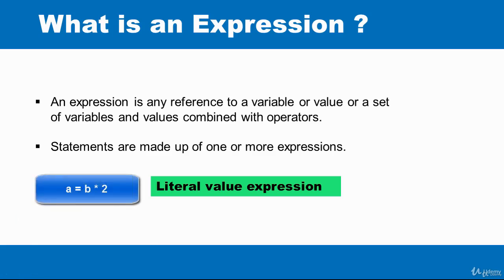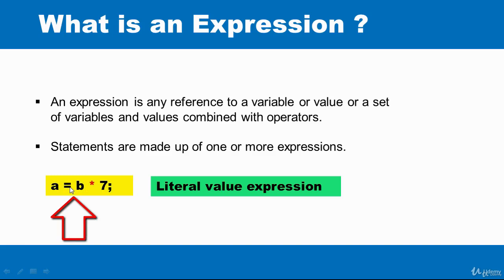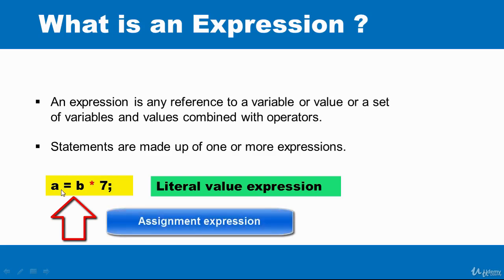The a equals b times 7 is known as an assignment expression. This equals sign here is an assignment expression, which means it is used to assign the result of b times 7 to the variable a. Okay, so anywhere you see an equals sign is known as an assignment expression. It is used to place a value inside a variable.